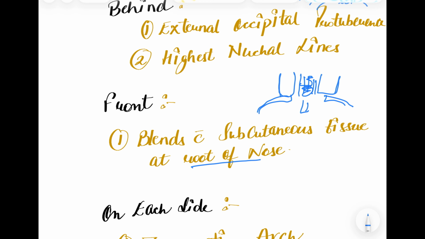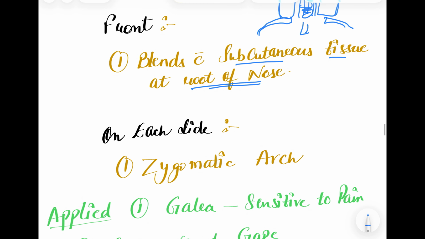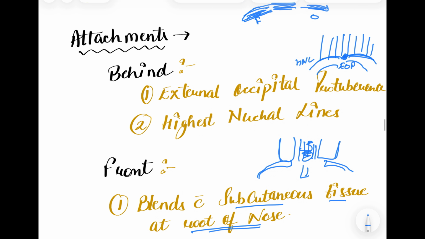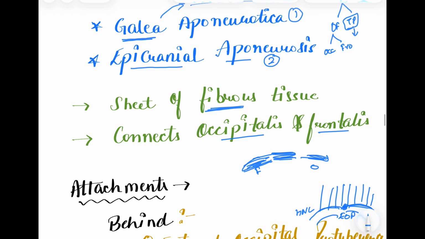It is going to blend with the subcutaneous tissue at the root of the nose. Where is it going to reach on either side? Obviously, there is the zygomatic arch where it is going to reach. So this is my attachment for the Galea Aponeurotica, or I will call it epicranial aponeurosis.